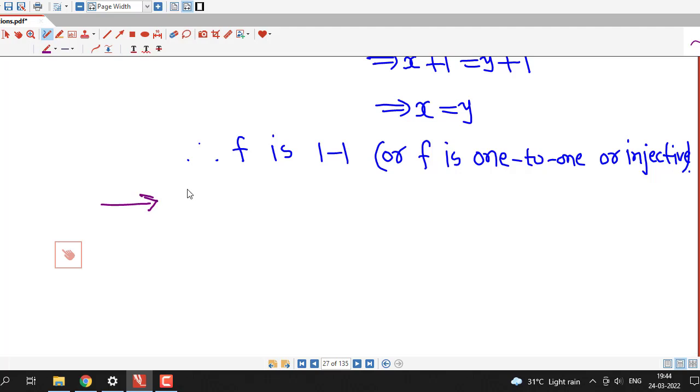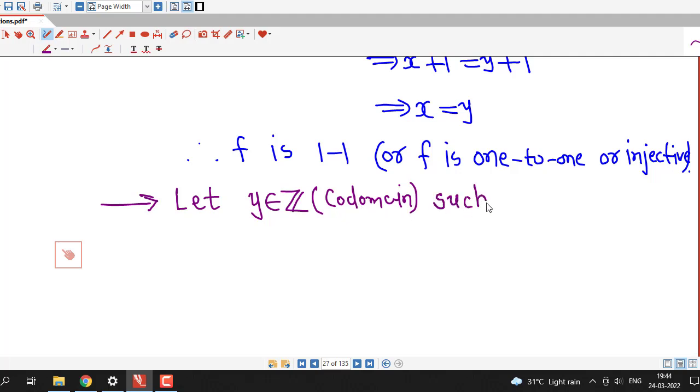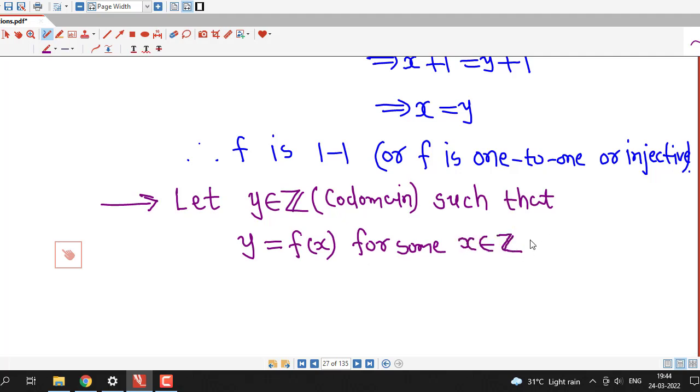So suppose f is onto. First we consider any element in the codomain. Let y belong to Z, which is codomain. Here domain and codomain are same. So here in the bracket we mention let y belong to Z be in the codomain, such that y is the image of some element of domain, y equal to f(x) for some x in the domain, which is again set of integers.